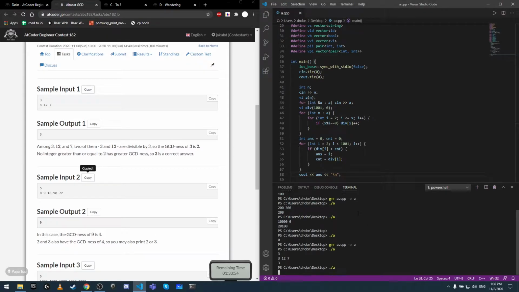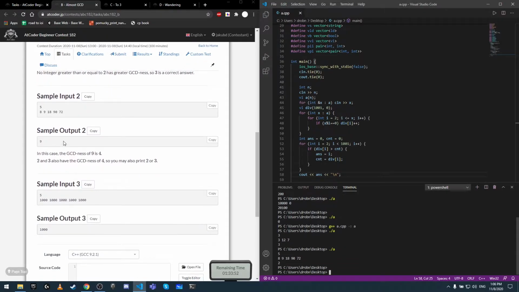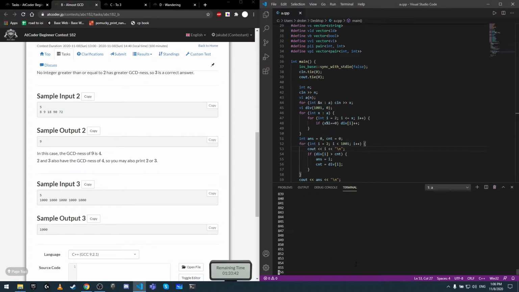3. y is 2. So if I'm so slow, bruh. 9 is 40.